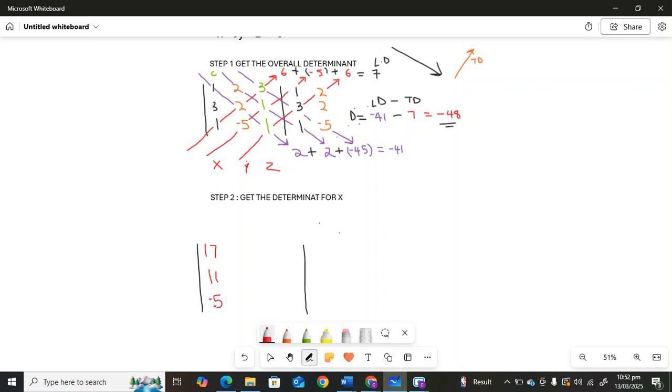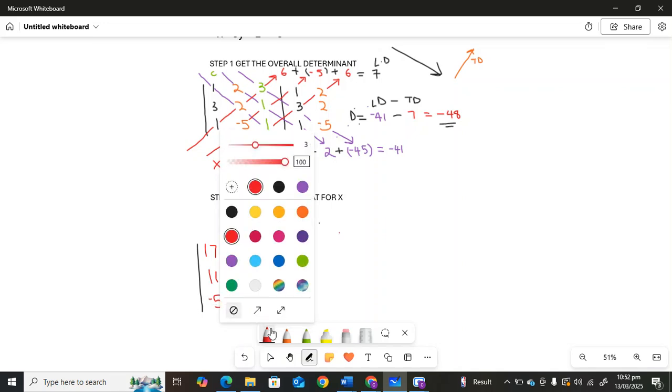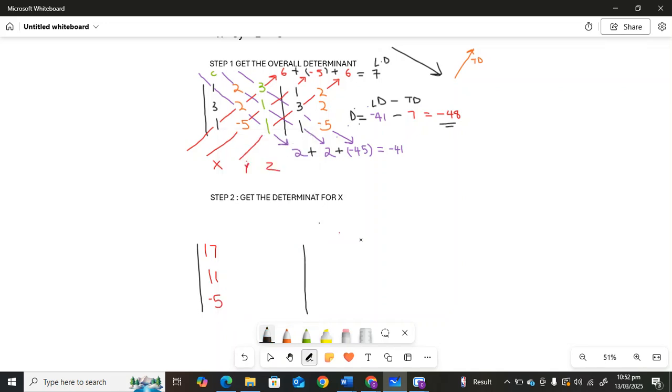Replace that column with those numbers. Then the y column stays the same, 2, 2, -5. The z column remains the same, 3, 1, 1.